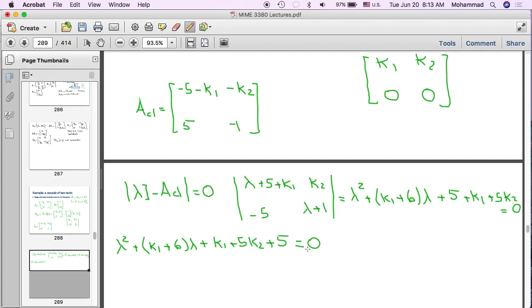So what is this equation? This is the characteristic equation of the closed loop system with state feedback.